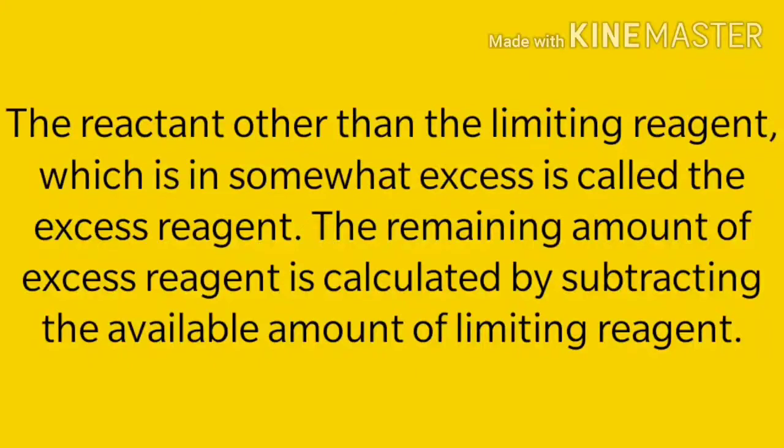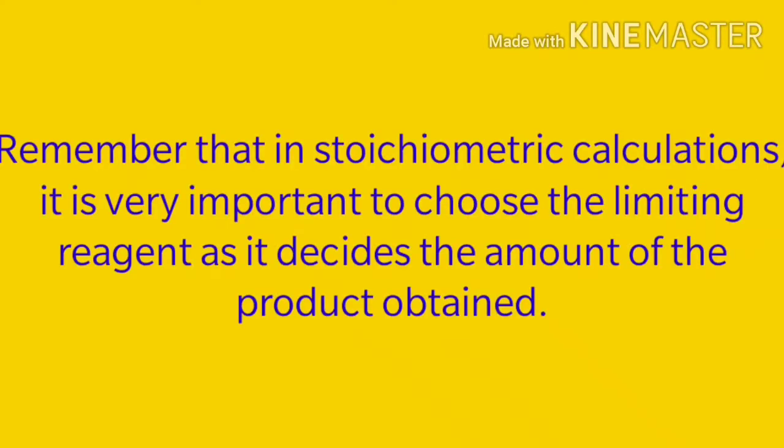That's why we study the limiting and excess reagent. Now remember that in stoichiometric calculation, it is very important to choose the limiting reagent, as it decides the amount of product obtained. So we can take an example for it.